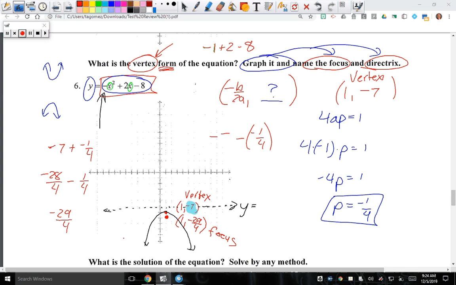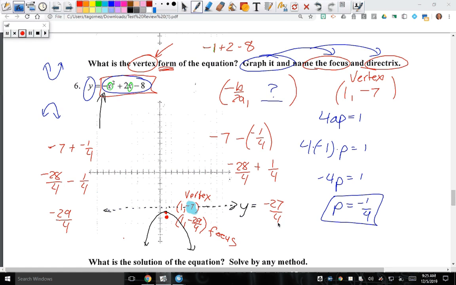So negative 7 adding 1/4, we will get a common denominator of 4. So this becomes 28 over 4. And a negative 28 plus 1 becomes a negative 27 over 4. And that's where the y equals equation of the directrix will be.